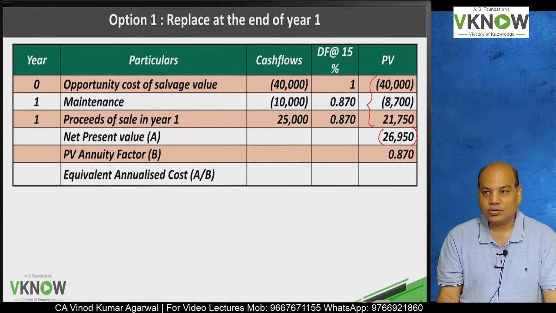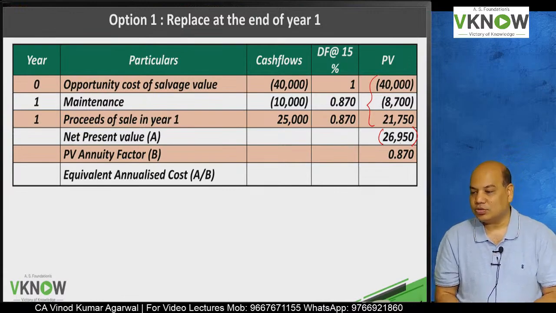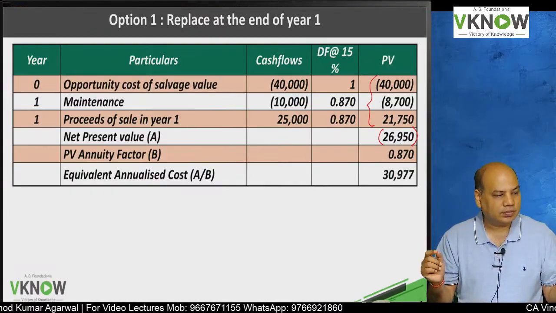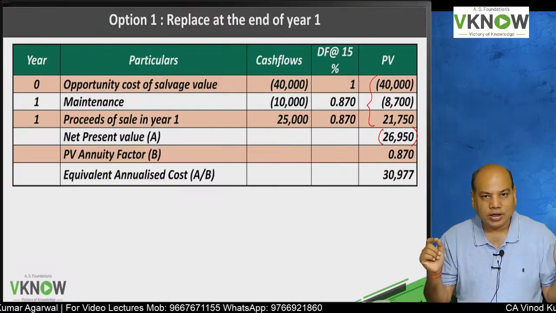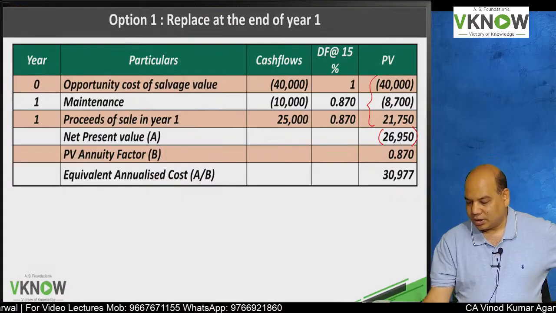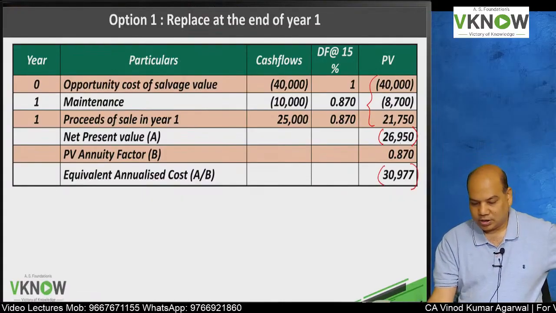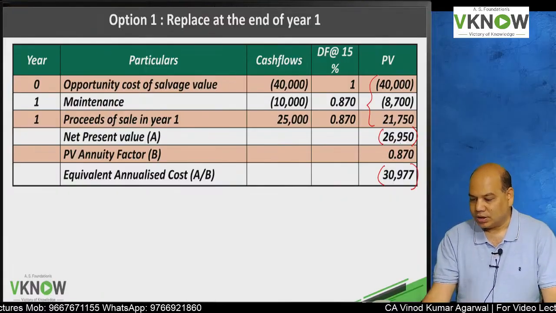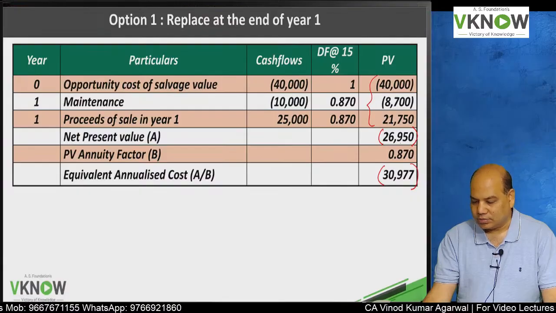Therefore, equivalent annualized cost is 30,977. So this is higher than 28,600. Is it right?